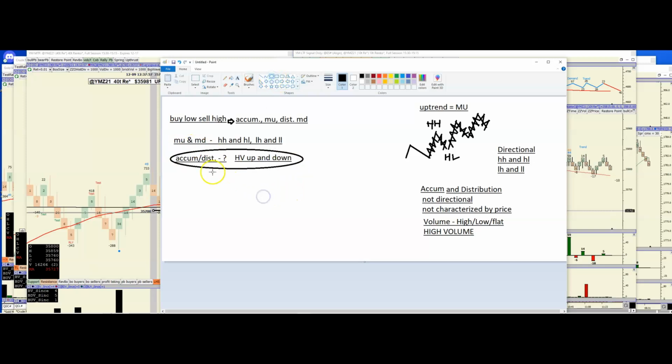Okay, so we're going to work with this. All right, now let's look at the key elements of accumulation and distribution. I said they're high volume up and high volume down. I'll go into an example later, so relax. All right, high volume up and high volume down.